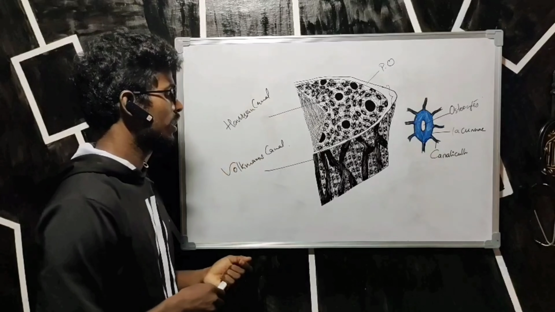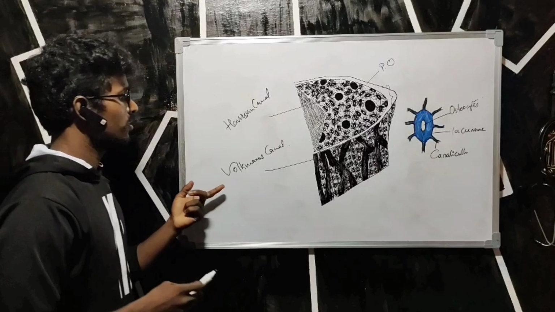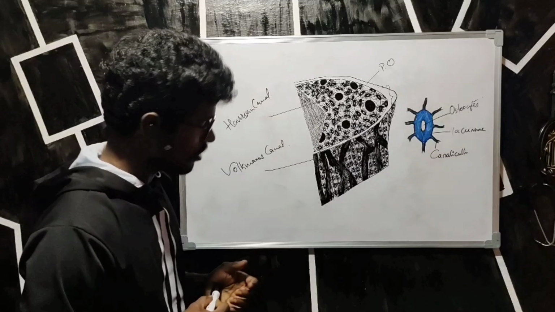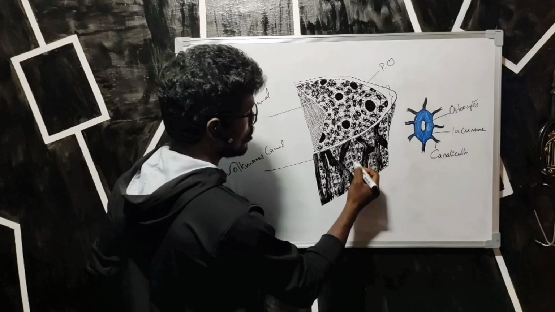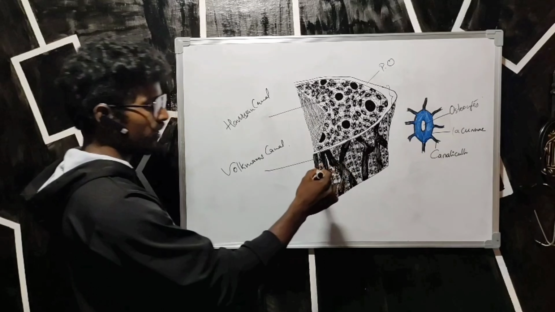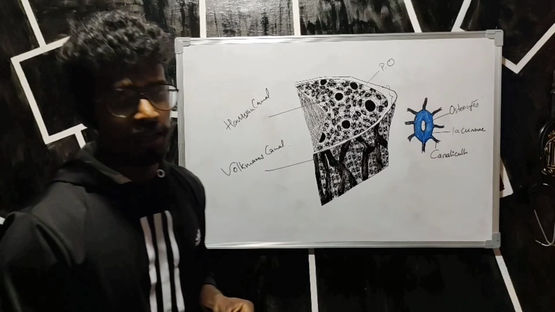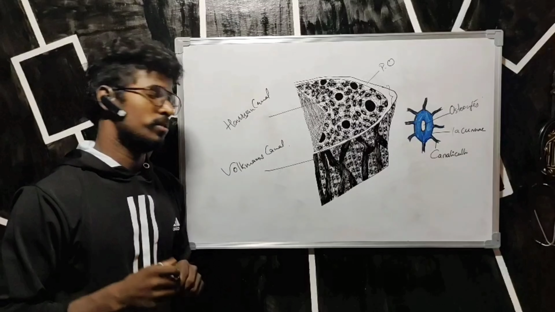So these are the passages for blood vessels. And Volkmann's canal has one more function, which is connecting the adjacent osteons and the blood vessels of the central canal with the periosteum. So that is about intracortical bone.